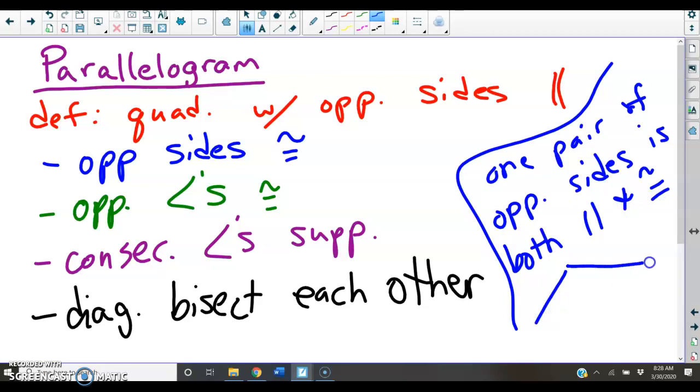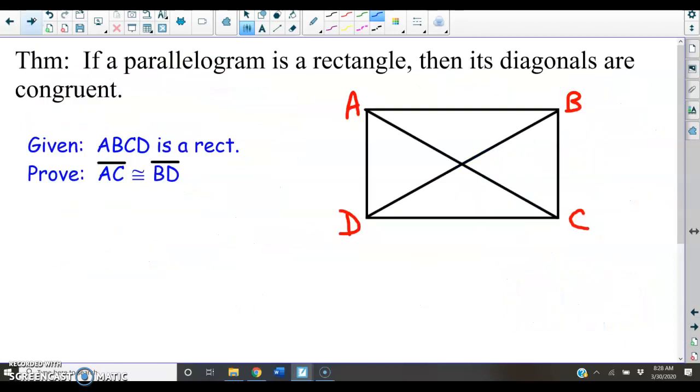Okay, so quick reminder, if this is congruent and parallel, you have a parallelogram. Alrighty. So those are your properties of parallelograms.